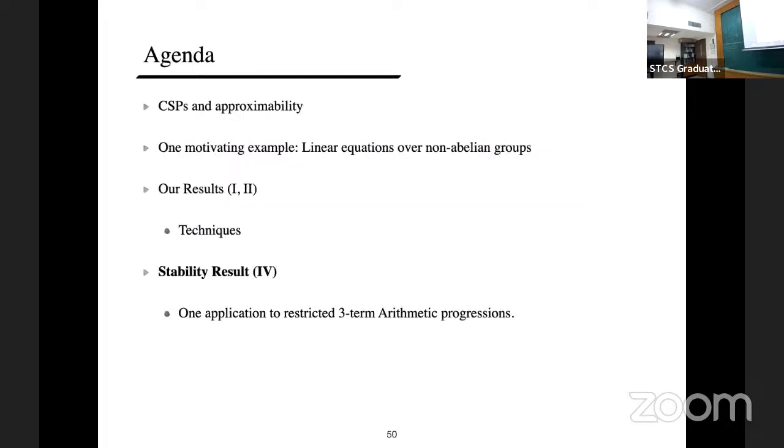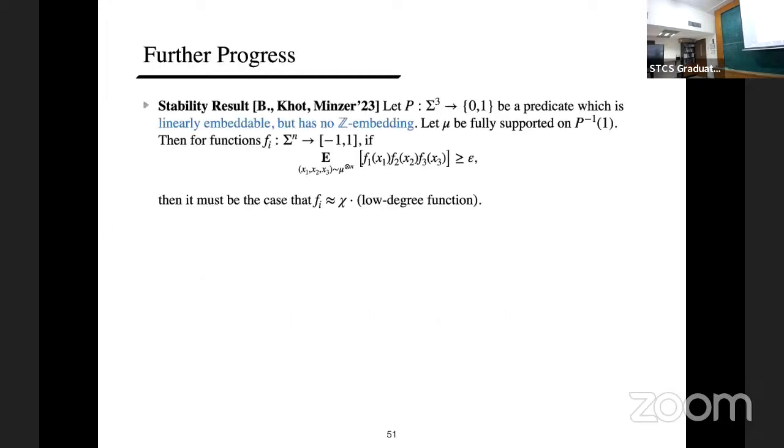Okay, I wanted to spend some time on this result and one application. The earlier result says that if P does not have a linear embedding, then that expression is small. If I give you something where that expression is large, what can you conclude about those functions? The stability result says: give me any predicate fully supported on P inverse 1, and you are interested in evaluating the expected value of this product.